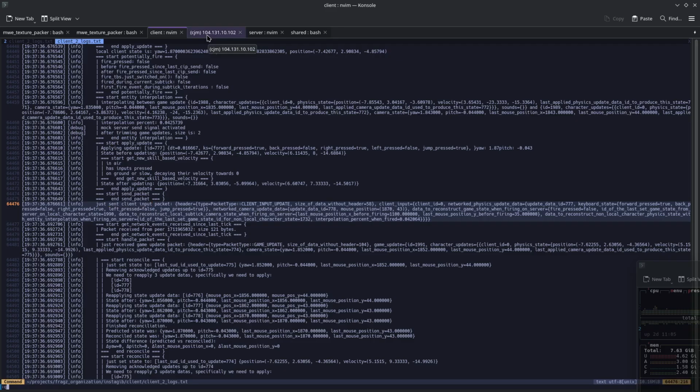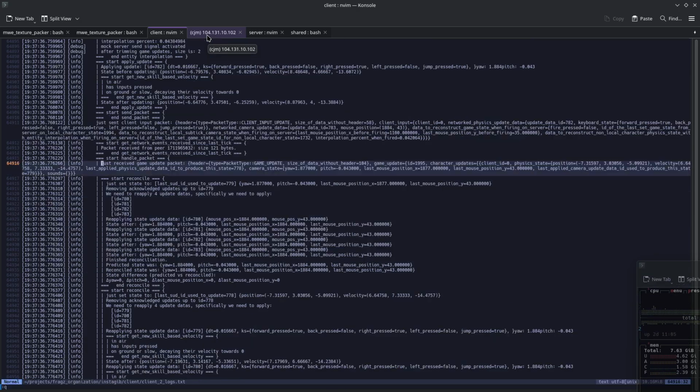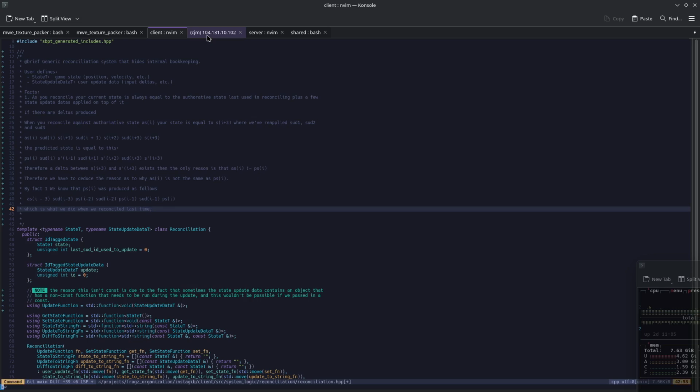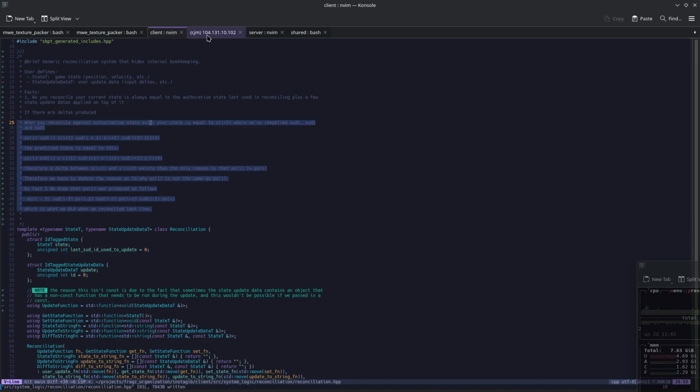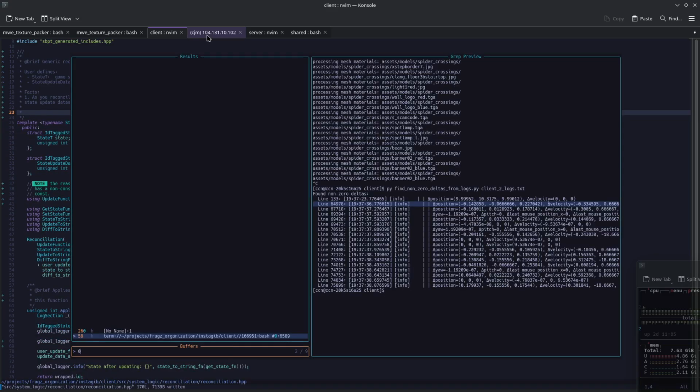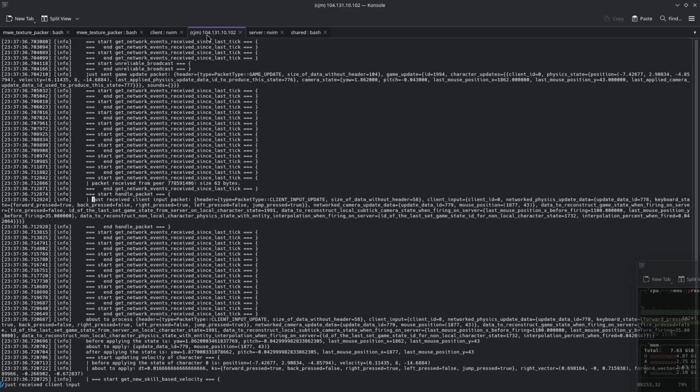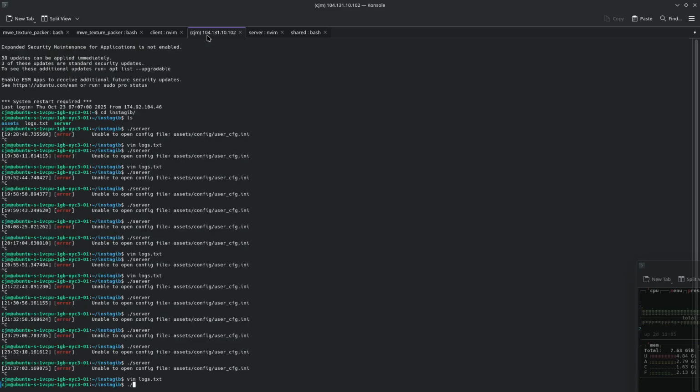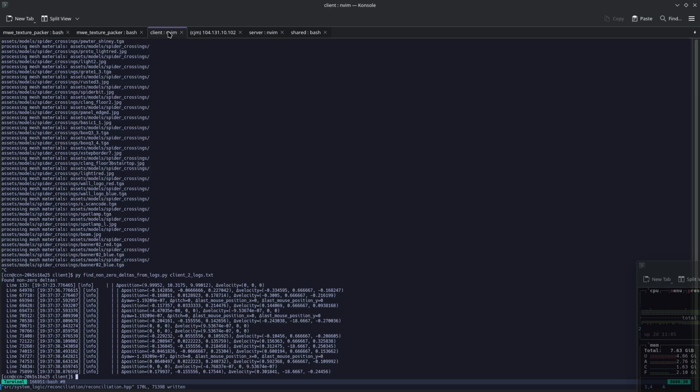Now that I've demonstrated it, I may as well show you that this error isn't that bad. I'm actually going to delete this right now. Here we're going to just launch the server and launch a client.